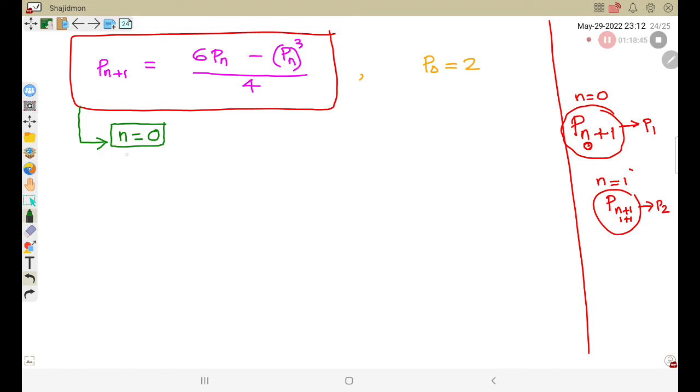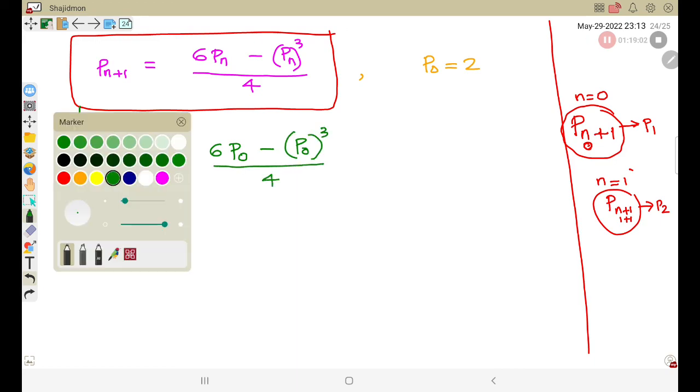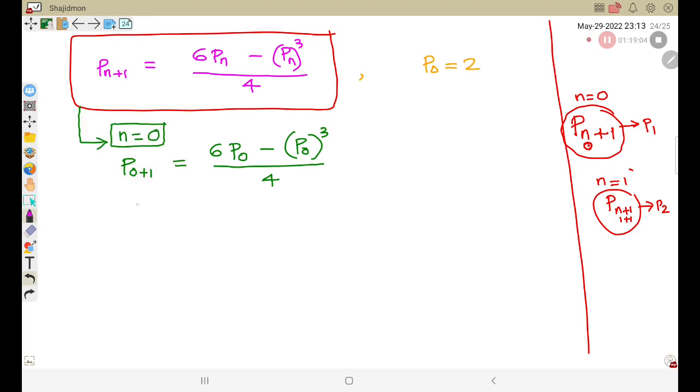So how can we write that? Pn is P0, and 0 plus 1 gives P1 equals 6 times P0 minus P0 power 3, divided by 4. You know P0 is 2, so P1 equals 6 times 2 minus 2 power 3, divided by 4.